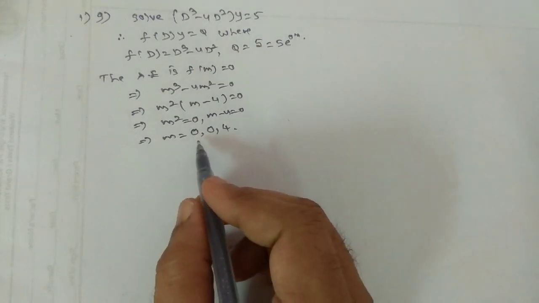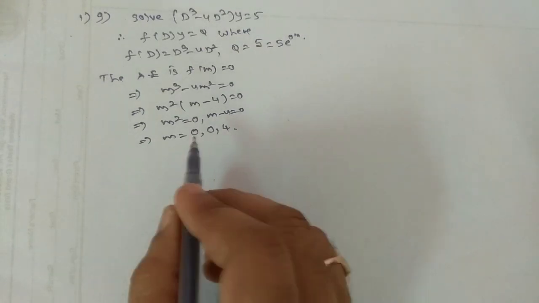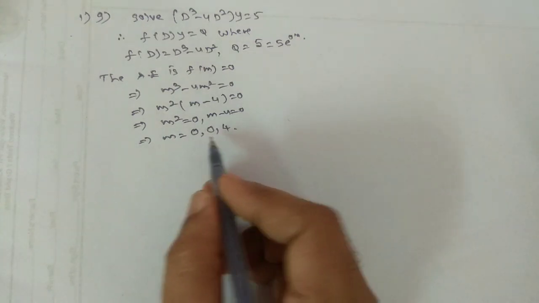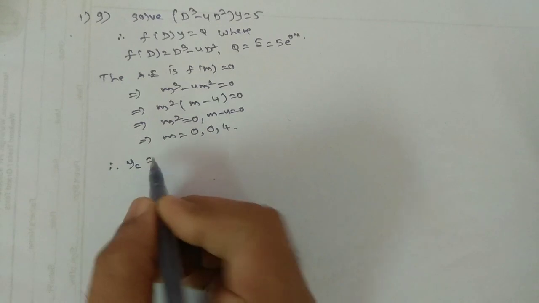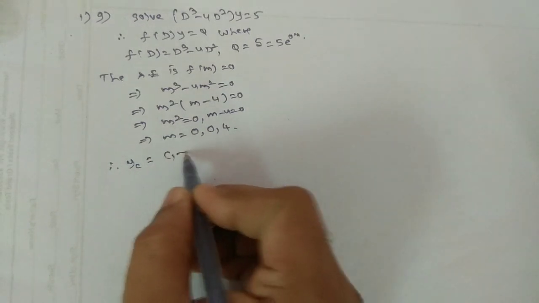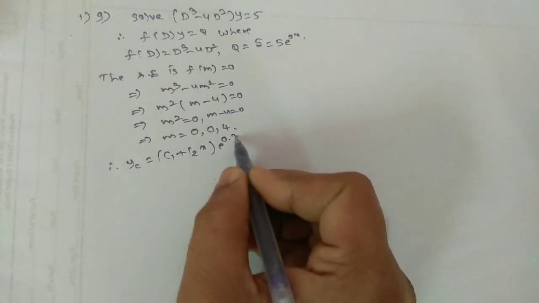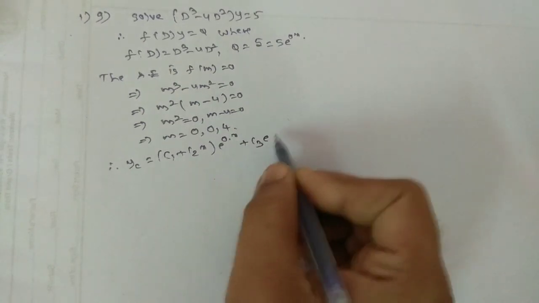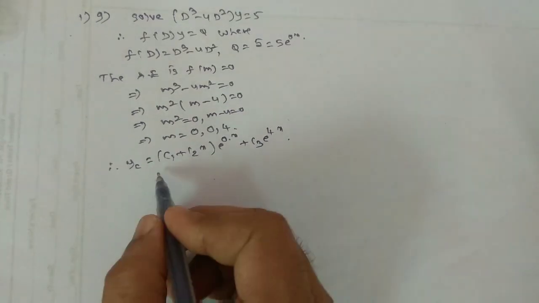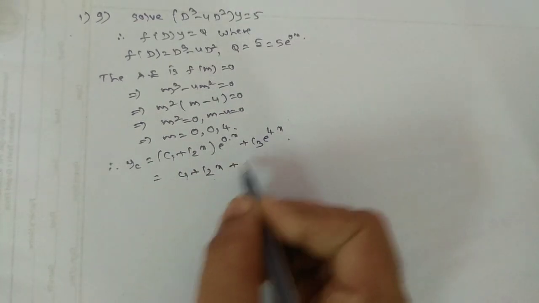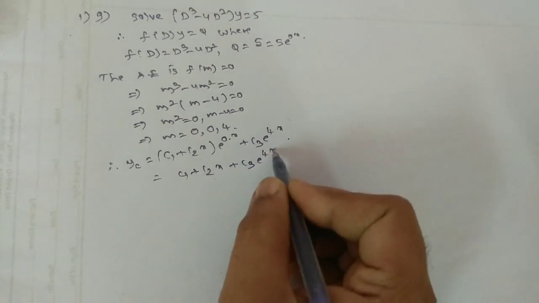So look at the roots, are they real or complex? Only real. So roots are real and a few are repeated. Therefore the complementary function is yc equal to (c1 plus c2 x) into e to the power of repeated 0 into x plus c3 e to the power of 4x, or I can write this as (c1 plus c2 x) plus c3 e to the power of 4x.